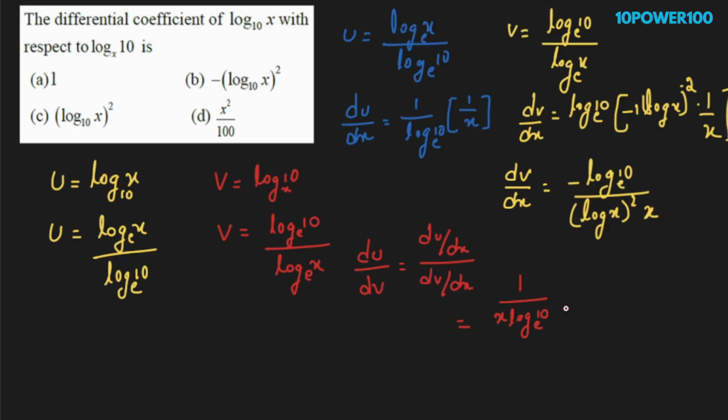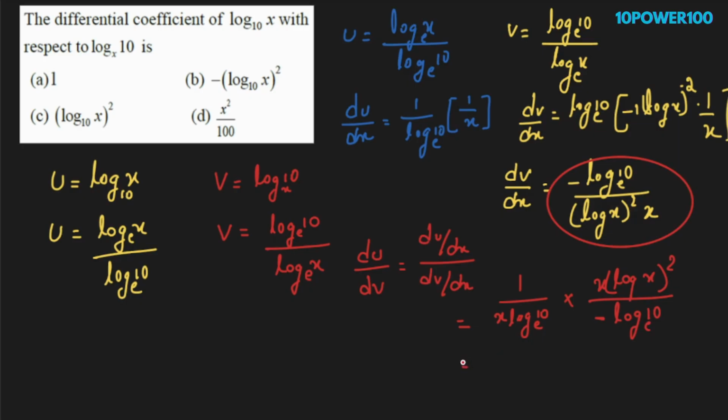I'm taking a reciprocal directly, children. dv by dx is there, so the reciprocal of this complete term, that is x log x the whole square, whole divided by minus log 10 the base e.